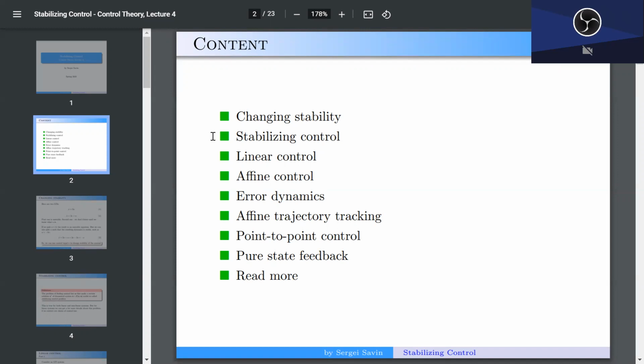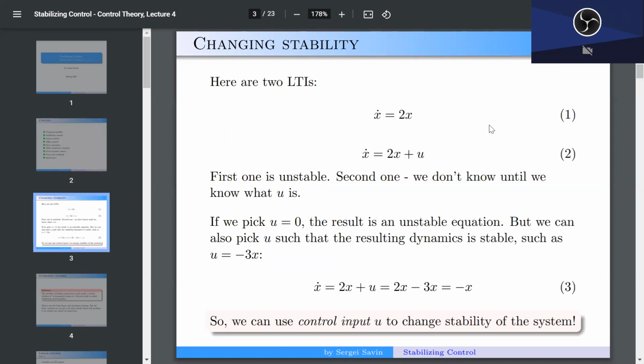All right, let us start. Let us remember where we were last time. Last time we discussed transfer functions. And you remember what the story about transfer functions was.